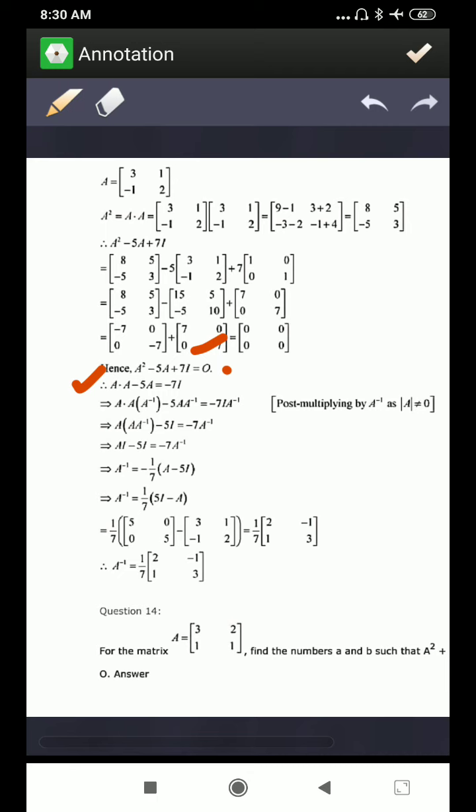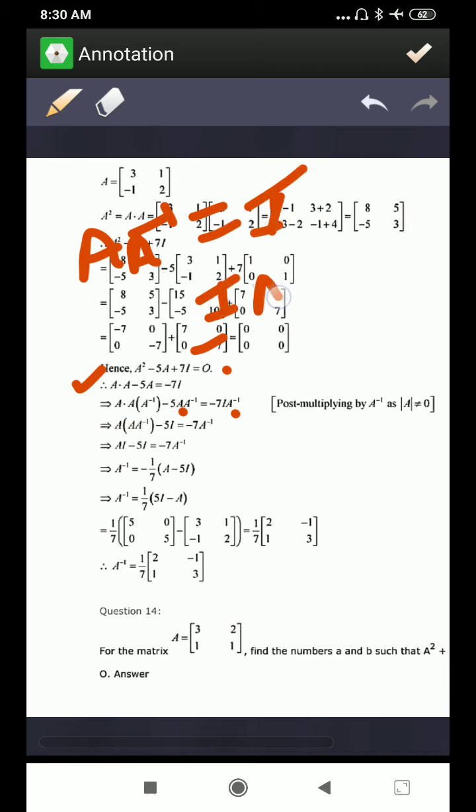It will become A square into A inverse, then 5A into A inverse, and on the right side it is 7 identity A inverse. Now which property will we use? We'll use the property that A into A inverse is always identity, and when we multiply identity with any matrix, you get the same matrix. These two properties we'll use in this.